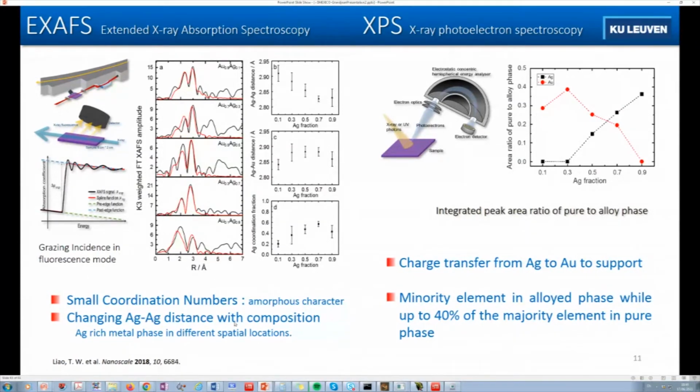So this we stayed, and then we did the XPS. We measured how many pure atoms we have in each one compared to the alloy phase. And you see, for instance, that you can go to 40% of pure. So in the sample, it's not very well mixed.